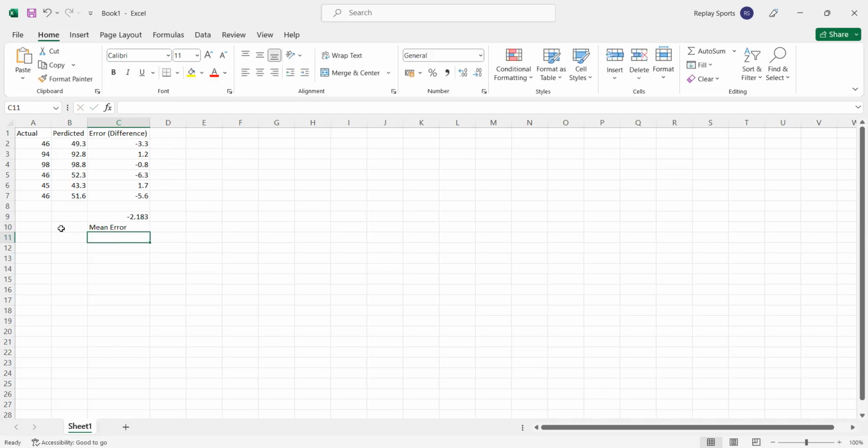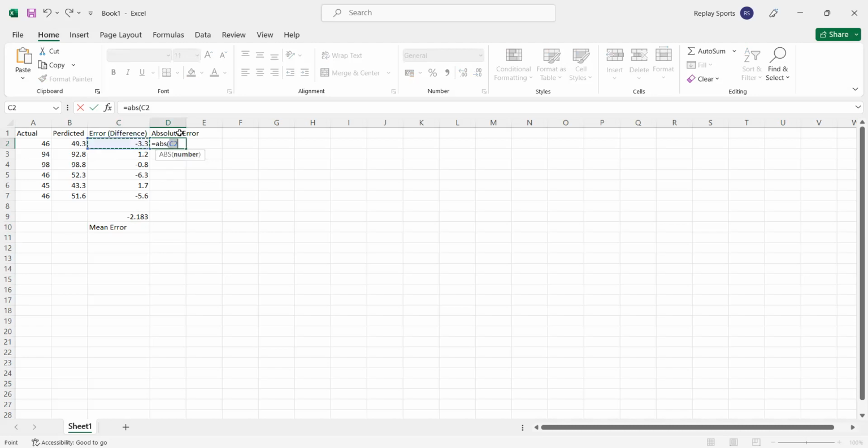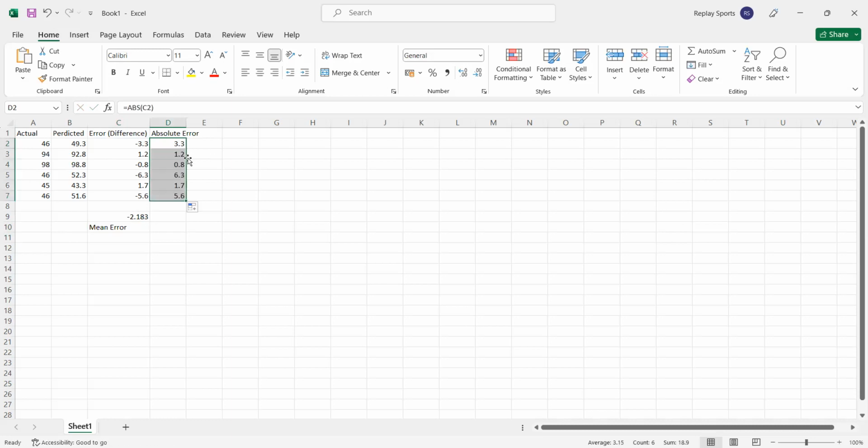So this is your mean error. Now we will find absolute error. We need to make the negative value positive, and the positive value stays positive. This is how you calculate it.